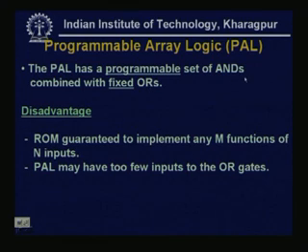That means the AND array is programmable, the OR array is fixed. Now, what is the disadvantage? See, a ROM is guaranteed to implement any M functions of n inputs, because it has a fixed AND array implemented by a decoder. So for n input variable functions, all 2 to the power n minterms are available in the output of the AND array.